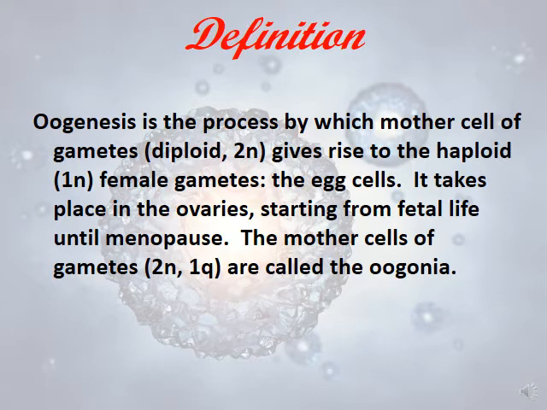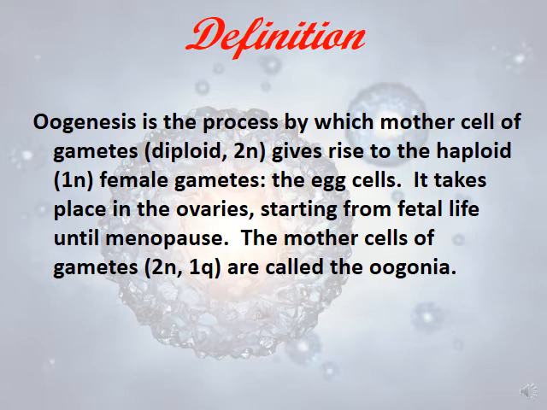So let's repeat. Oogenesis is the process by which the mother cell of gametes, which is diploid 2N, gives rise to the haploid 1N gametes. These are the egg cells. This process takes place in the ovaries, starting from the fetal life till the menopause.